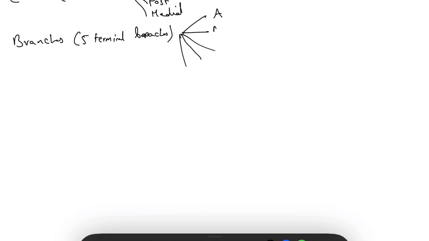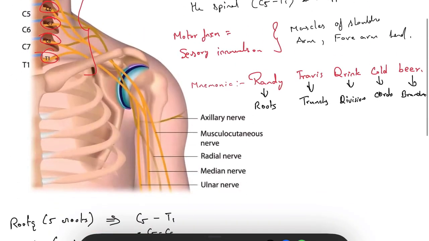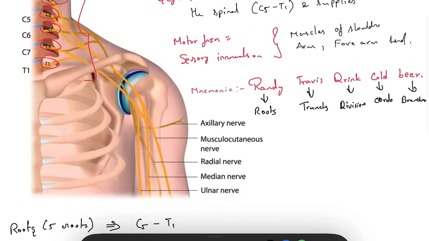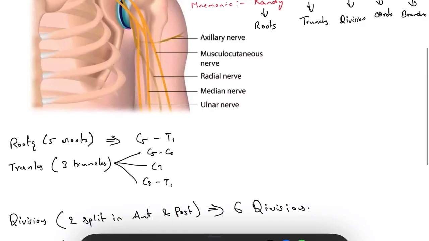So the brachial plexus goes from roots, then trunks, then divisions, then cords, and finally the branches: axillary nerve, musculocutaneous nerve, radial nerve, median nerve, and ulnar nerve.